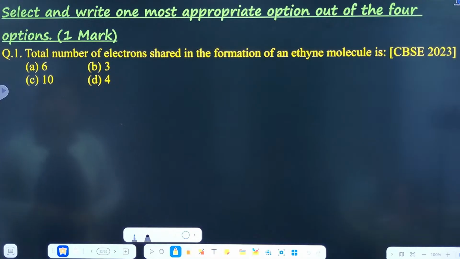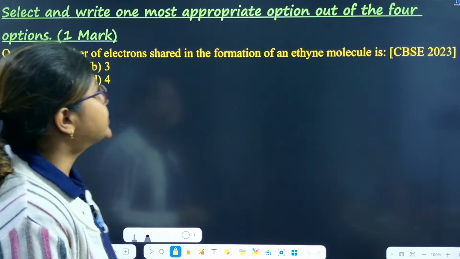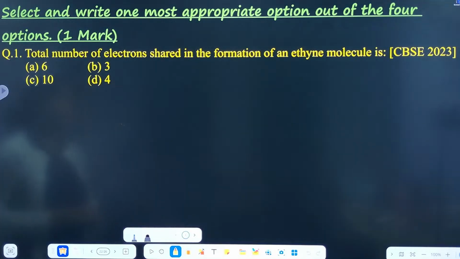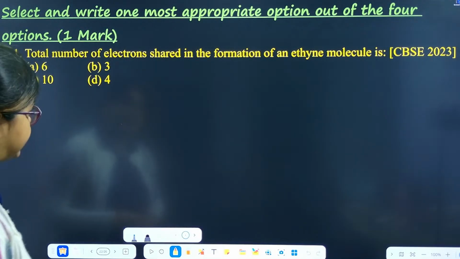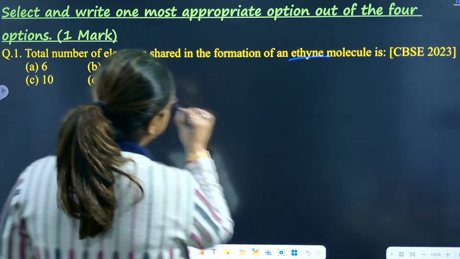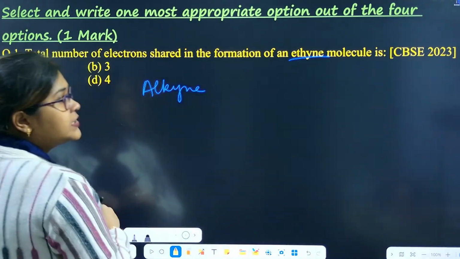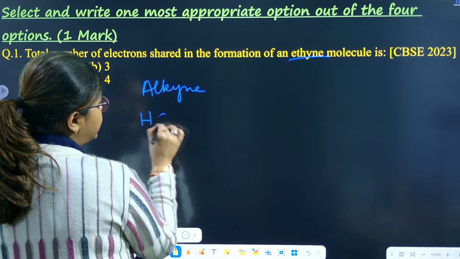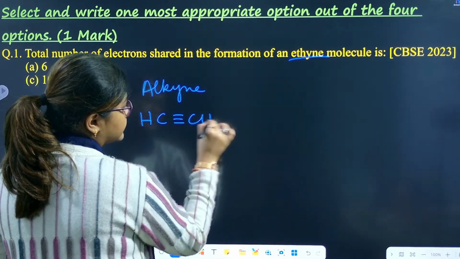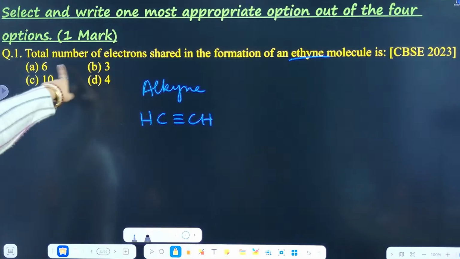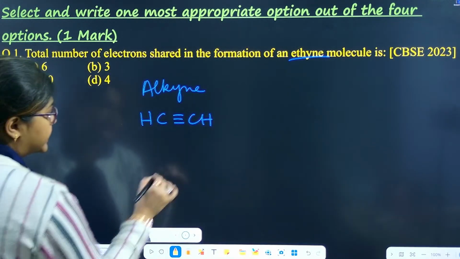Next is, you see, total number of electrons shared in the formation of an ethyne molecule is. Ethyne is an alkyne. Okay, so total number of electrons shared.